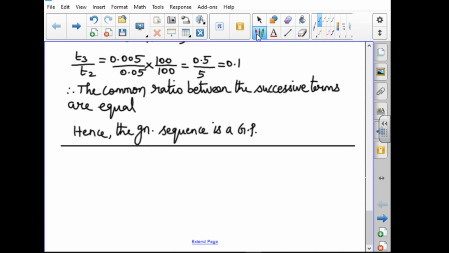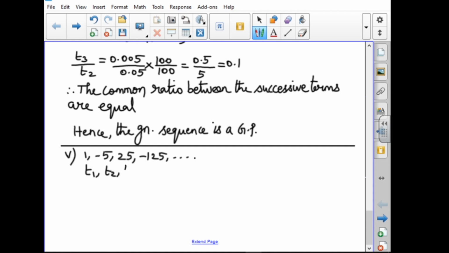Same method. Now fifth sum, fifth subdivision: 1 comma minus 5 comma 25 comma minus 125, etc. Here they give 4 terms. Take it as T1, T2, T3, T4. So up to the fourth term we have to find the common ratio.